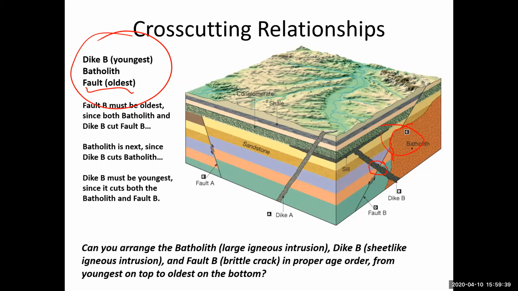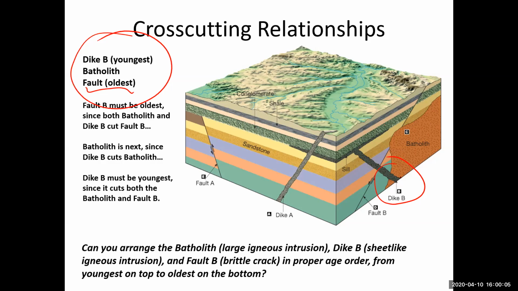How about now between the batholith and the dike? Which comes next? Well, let me clean this up a little bit. You can probably see right here, let me ask the question this way. Does the dike cut the batholith, or does the batholith cut the dike? You can probably see, if you stare at that a second, that it's the dike that's cutting into and through the batholith.